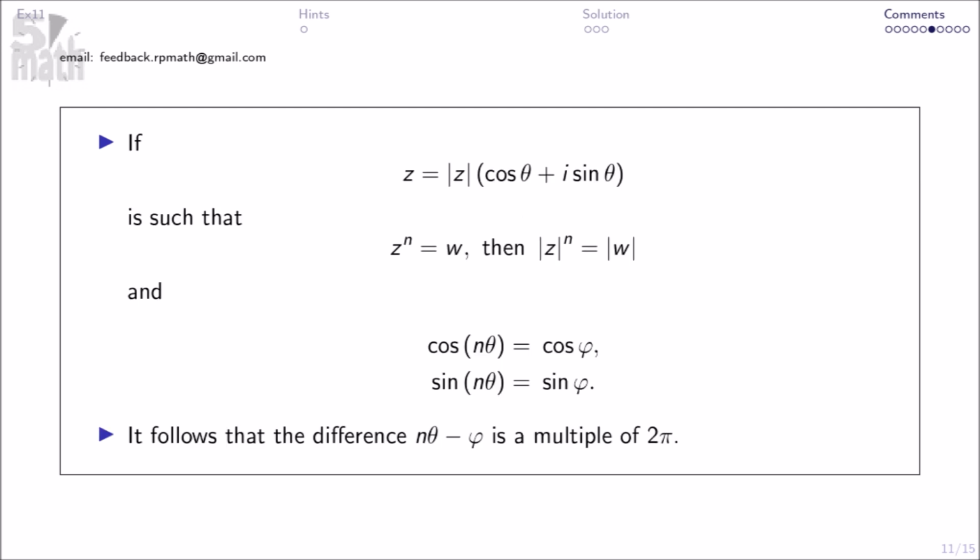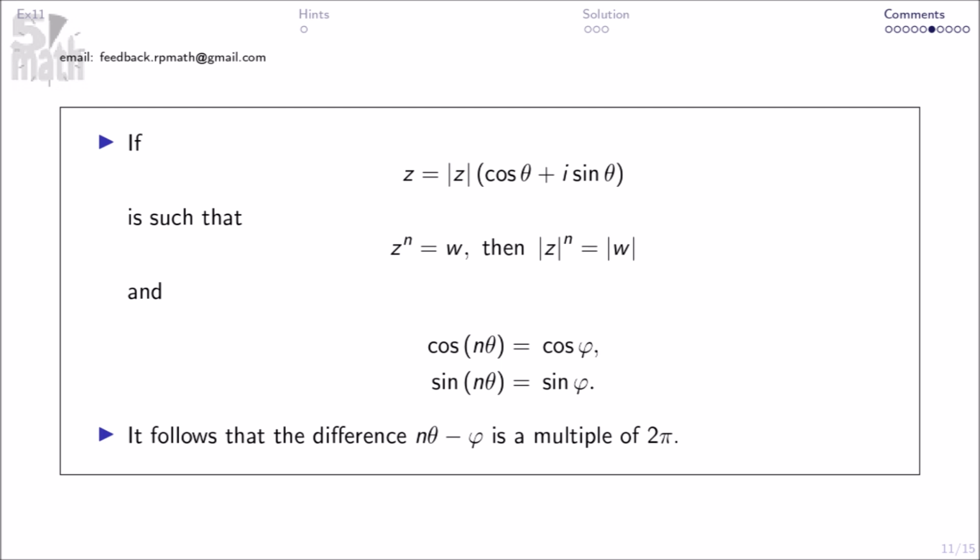If z equals the absolute value of z times cosine theta plus i sine theta is such that z to the power n equals w, then the absolute value of z to the power n equals the absolute value of w, and cosine n theta equals cosine phi, sine n theta equals sine phi.